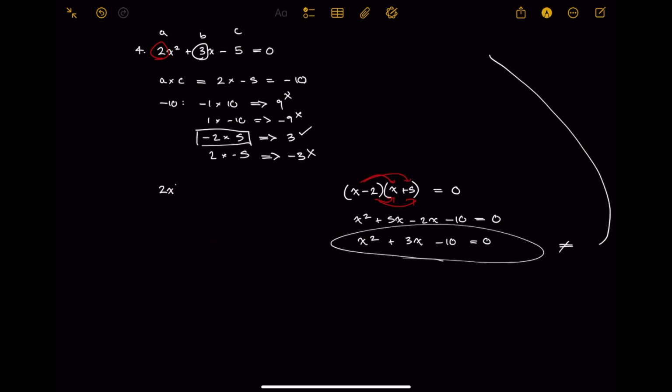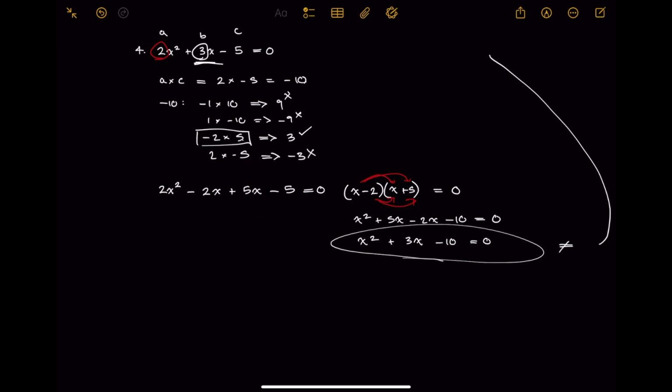And what that's going to look like is 2x squared, and we're going to break up this 3x term into minus 2x plus 5x minus 5 is equal to 0.